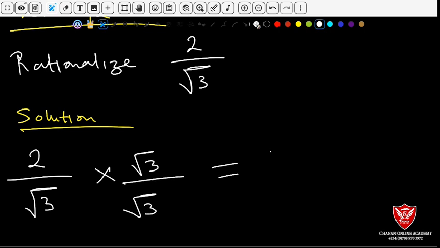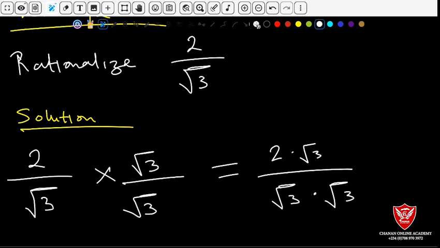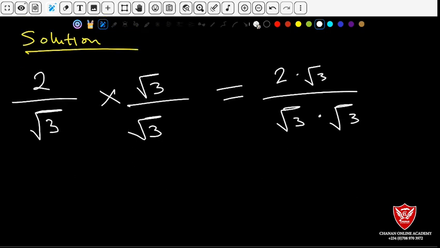This is then equal to 2 multiplied by root 3, and root 3 multiplied by root 3, which is equal to 2 root 3 over 3. This is our answer. Let's take one more example.